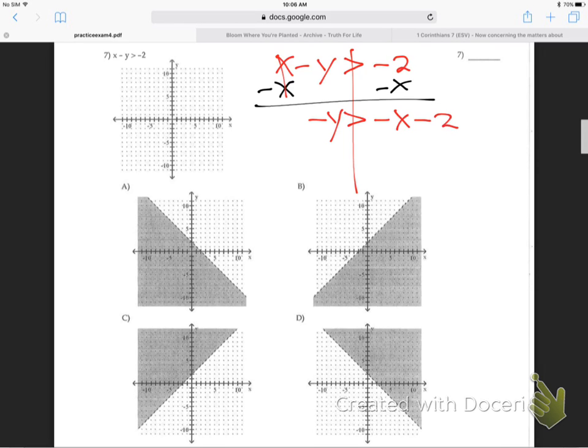Good like that? Yeah. To finish getting that y alone, I divide. And so when we divide through by that -1, what has to happen? The symbol flips. When you divide by a negative, the symbol flips. That's the trick. That's going to change which way the shading goes. That's going to matter.